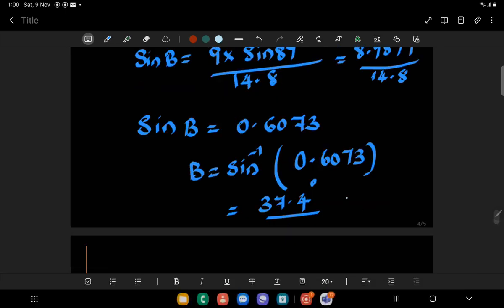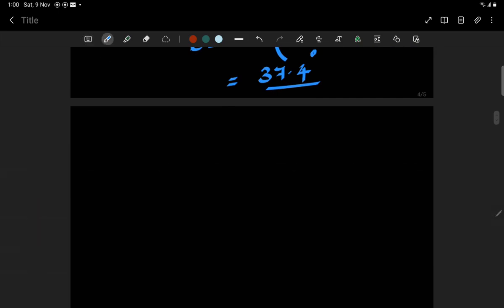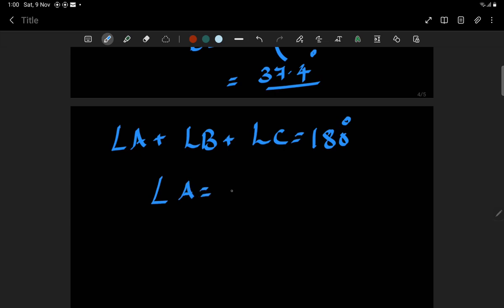Now two angles are there, angle B and angle C. So now we can find angle A using this property: angle A plus angle B plus angle C is equal to 180 degrees. So angle A is equal to 180 minus (37.4 plus 87).